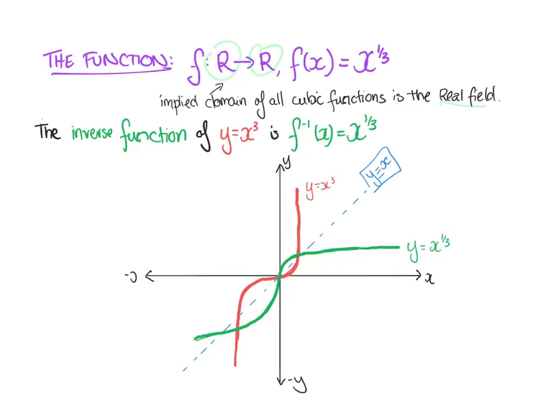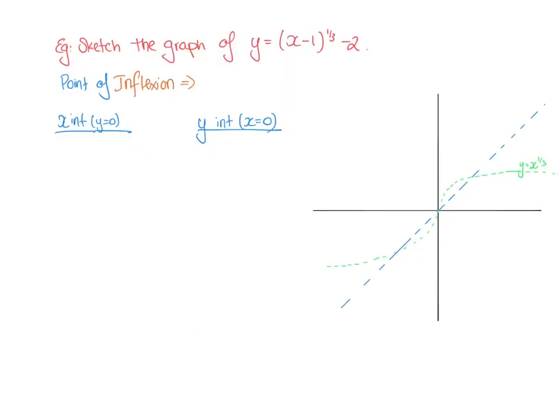So if I go into the example here, I've just done in the green the basic shape of a graph to the power of a third. Now let's sketch so we can see how that moves. So if we look at the point of inflection, H is 1 and -2.